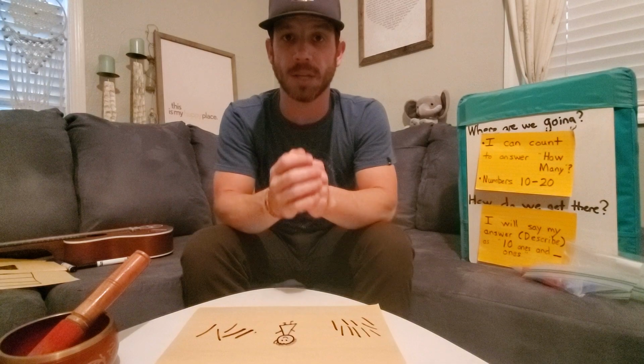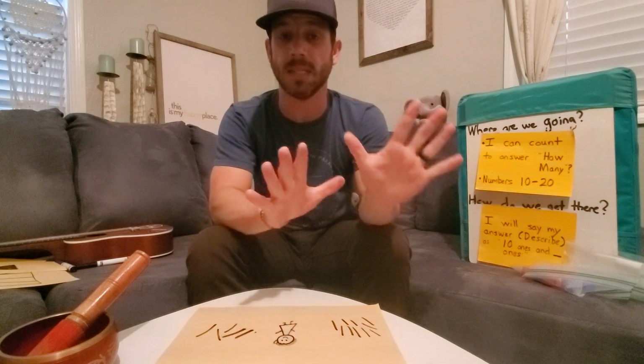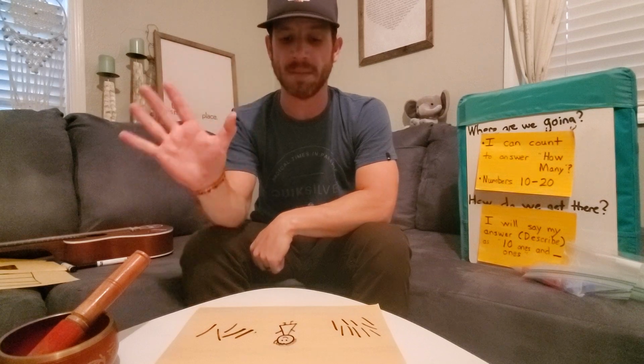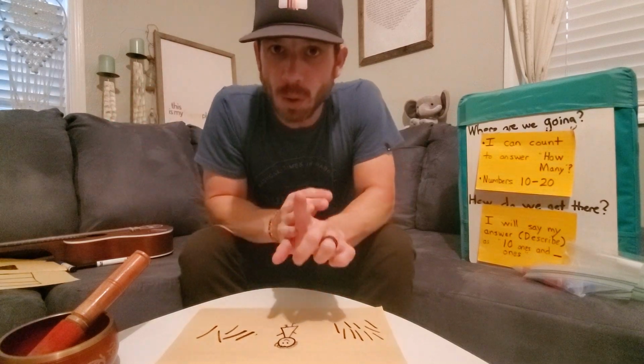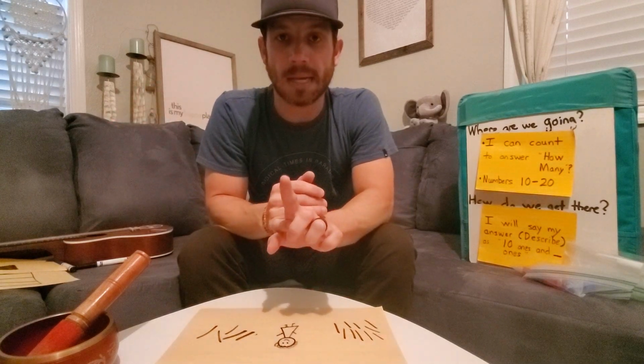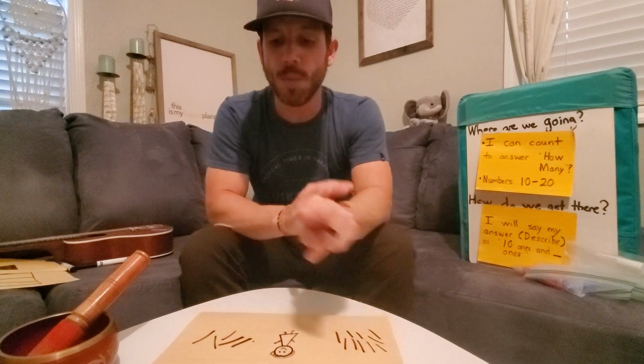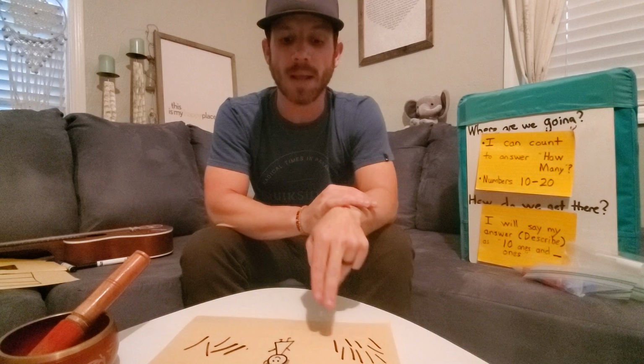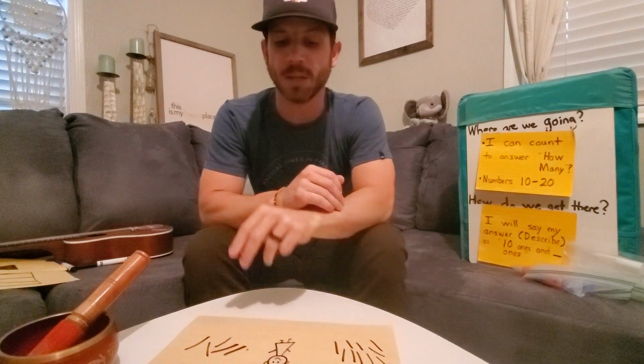So she counted one pile of 10 sticks, and another pile of 5 sticks. Your story problem asks you to draw the 2 piles of sticks. Once you've drawn those sticks, I want you to write the number under each pile.